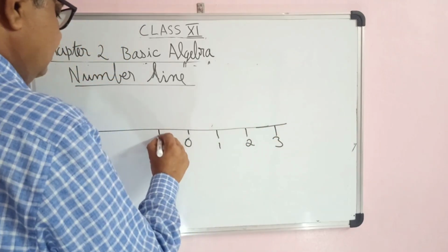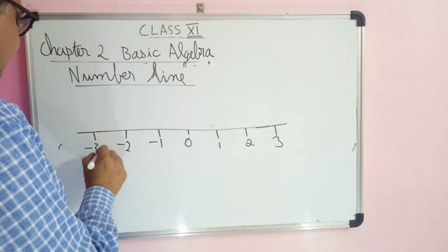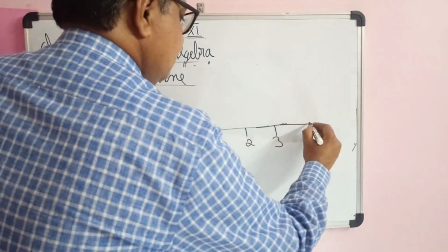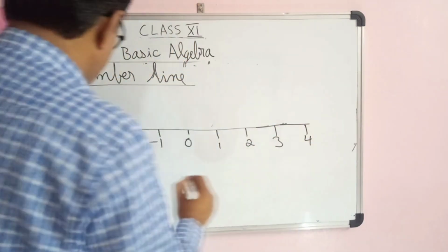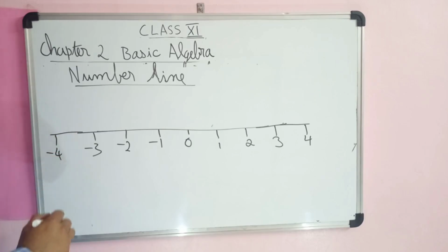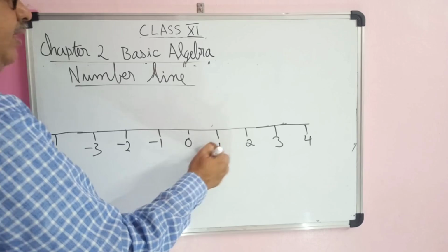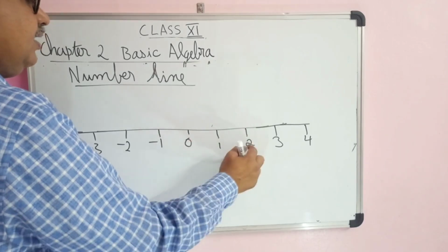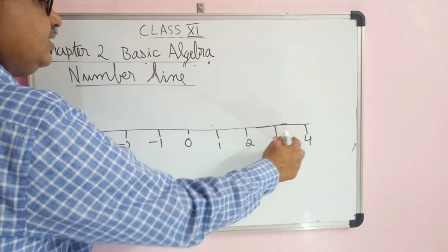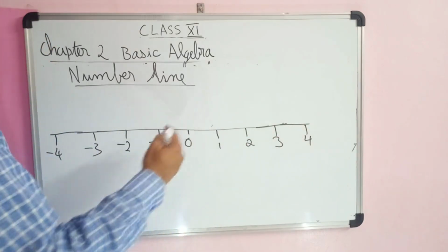Here 3, minus 1, minus 2, minus 3, it goes on, 4, minus 4. Here this is the origin. Origin is 0, 1 unit, 2 units, from the origin to here 3 units, 4 units, etc. So this is the number line.